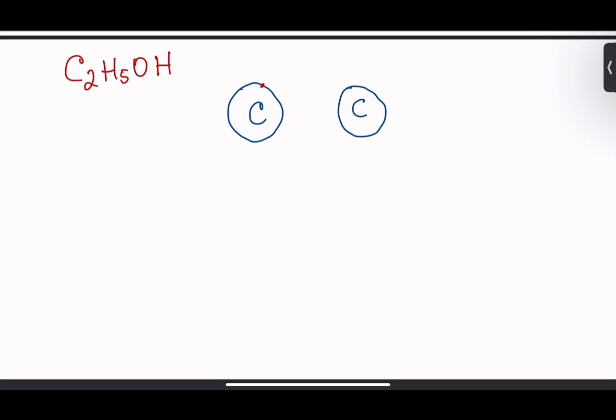Now I'm going to do ethanol, which is C2H5OH. We know that carbon has 4 electrons in the last shell. I have 2 carbons, 1, 2, 3, 4, and then 1, 2, 3, 4. Oxygen has 6; I'm going to draw crosses on oxygen: 1, 2, 3, 4, 5, and 6.